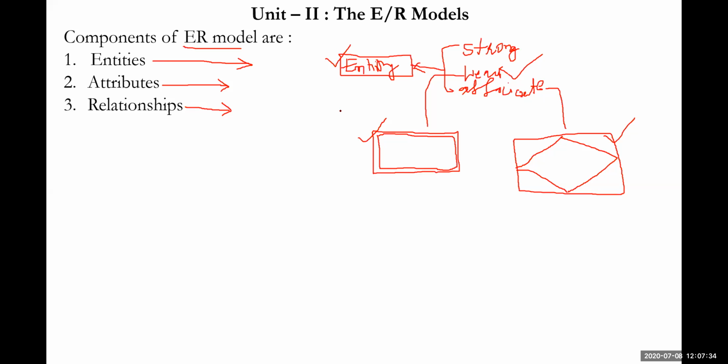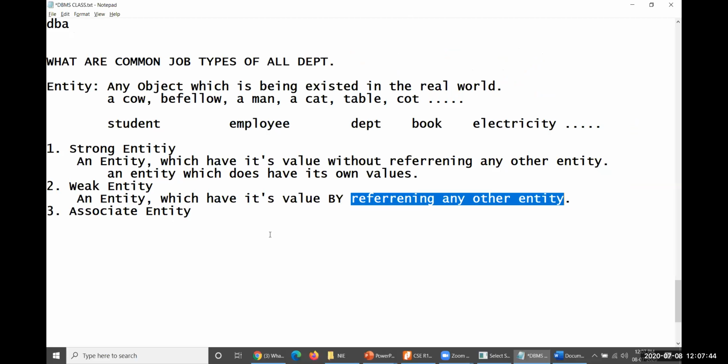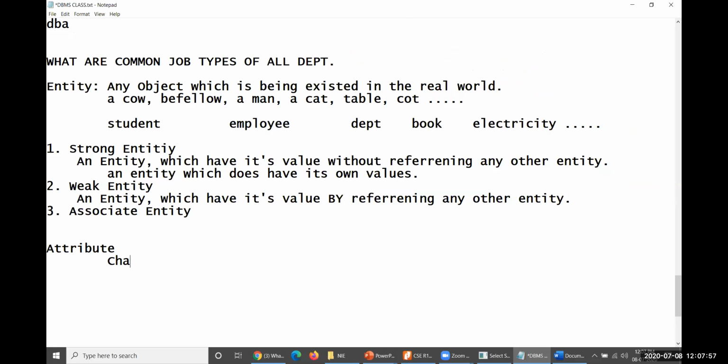And let us discuss attributes. What is an attribute and how can an attribute be referred to here? An attribute, let me take it like this: a characteristic of an entity is known as an attribute.